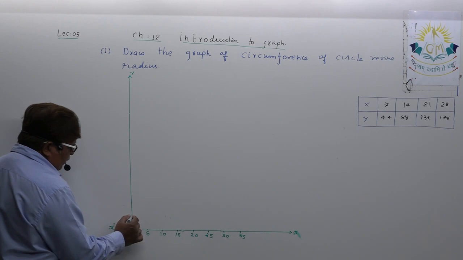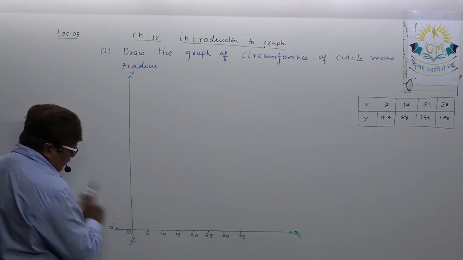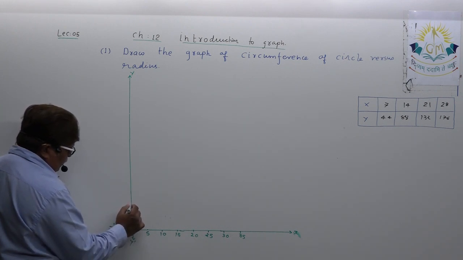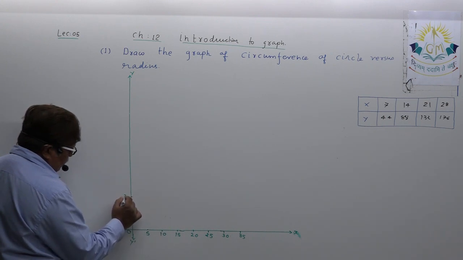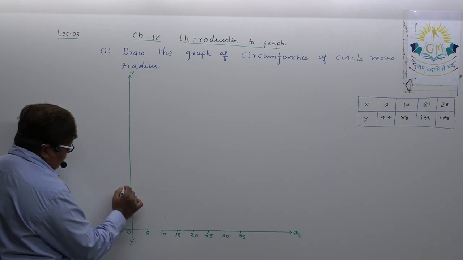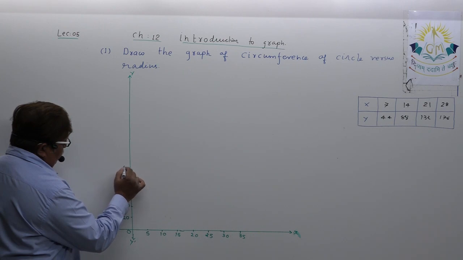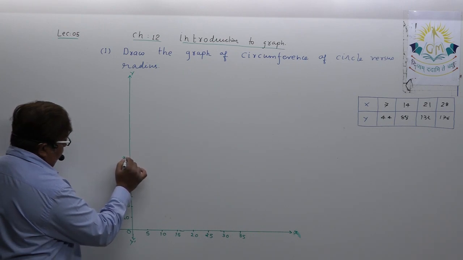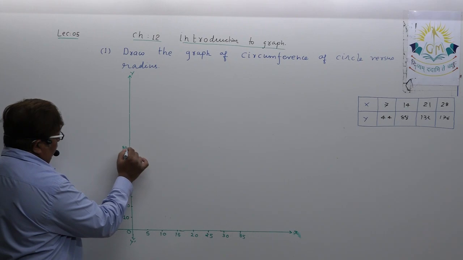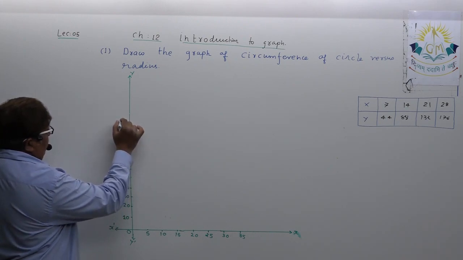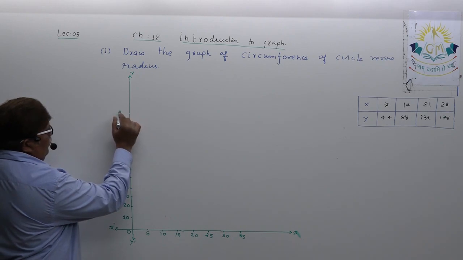Suppose we take a scale of 10: 10, 20, 30, 40, 50, 60, 70, 80, 90, 100, 110.